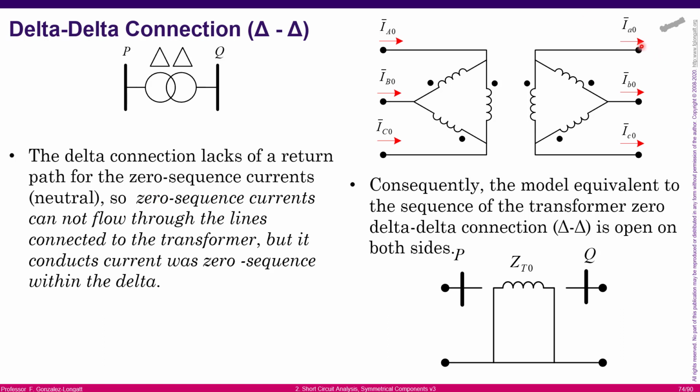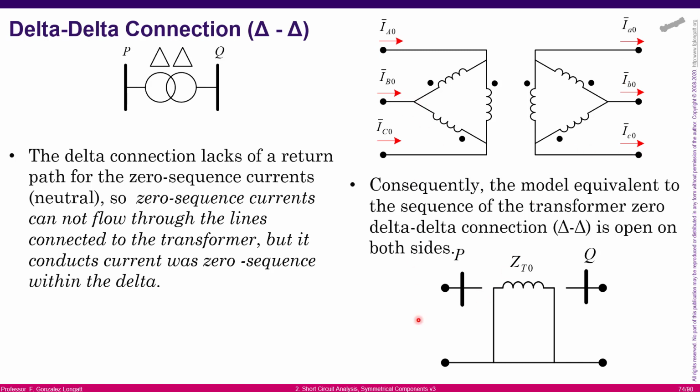I think you can realize that there is something interesting here, because when you have the delta-delta connection, there is no neutral point. And because there is no neutral point, there is no possibility of having any zero sequence current. That is the reason that when the zero sequence currents arrive at this node, there is no way that they move freely from the high voltage to the low voltage.